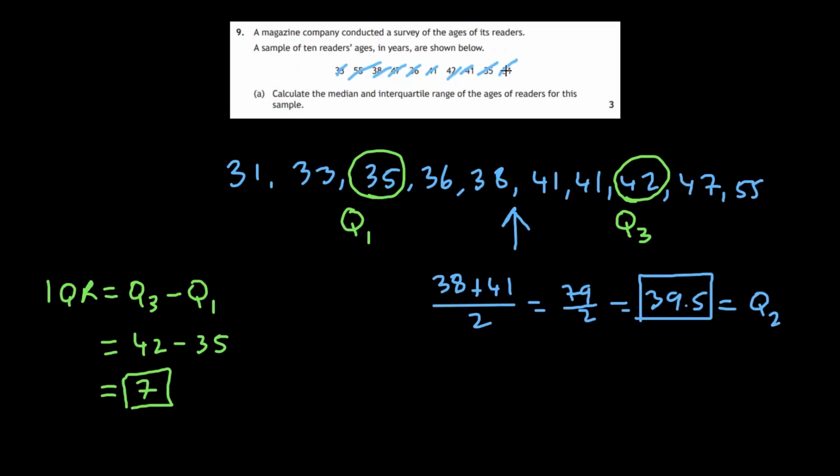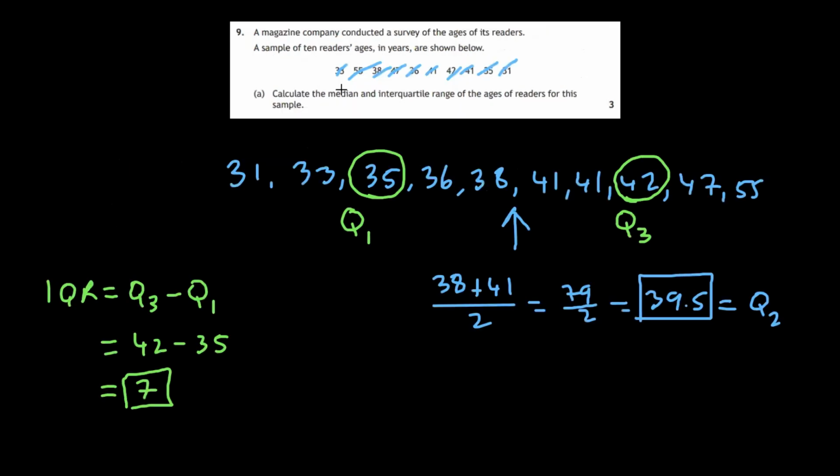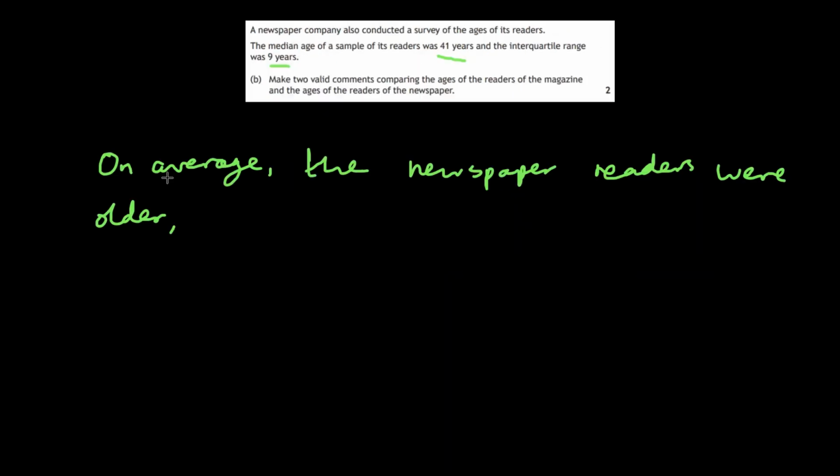So the IQR for the magazine readers was 7, and then for the newspaper readers, it was 9. So that means that the ages of the newspaper readers were more spread out than those of the magazine readers, or you can say more varied. So on average, the newspaper readers were older and their ages were more varied.